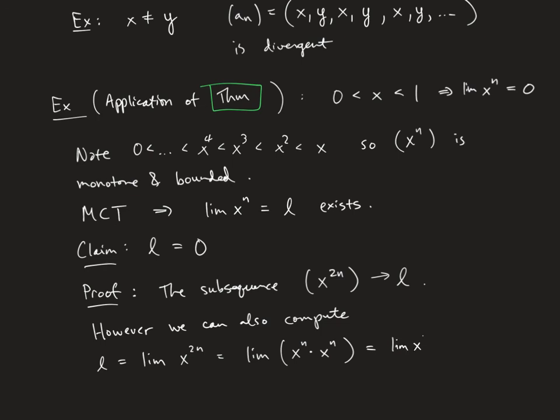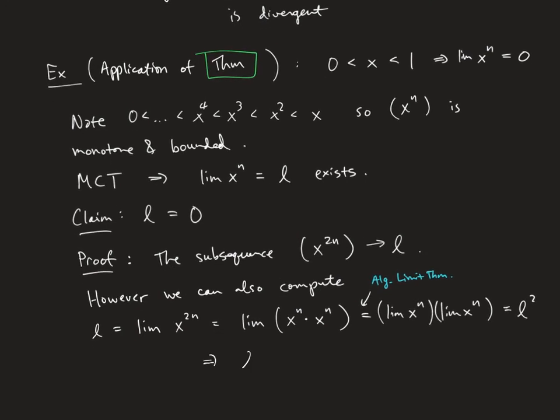So this is the limit of x to the n times the limit of x to the n. Okay, so this is by the algebraic limit theorem. And of course, that's just L itself, right? This is L times L. This is L squared.